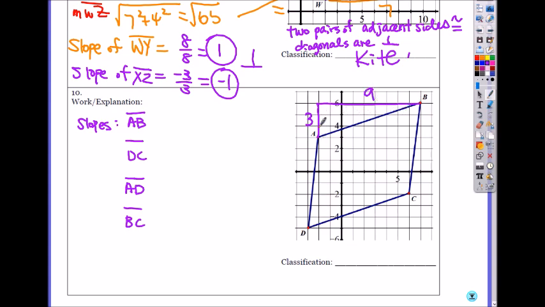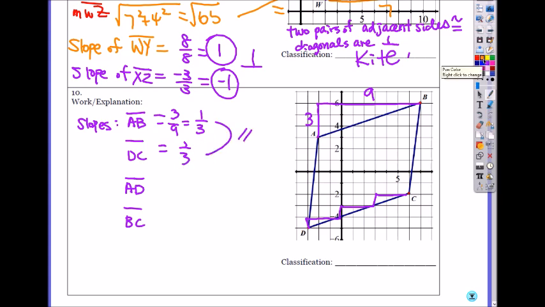You could have done 1 over 3, but just to make sure, it's better to use the whole thing and simplify. If it's obvious that it goes through the corners of the grid, you can use 1 over 3. So 3 over 9 is 1/3. What about DC? 1 over 3. So it is 1/3, meaning these two are parallel.